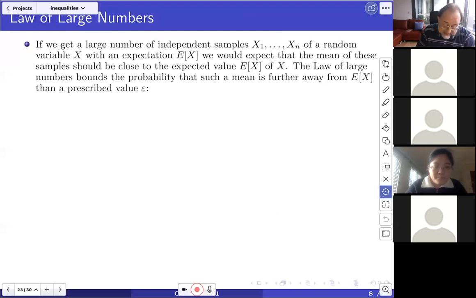So let's immediately get to an application of the Chebyshev inequality. Let's look at something called the law of large numbers. There are several laws of large numbers, and the literature is not completely consistent about their nomenclature, right? So if we get a large number of independent samples of variable x with an expectation E of x, right?